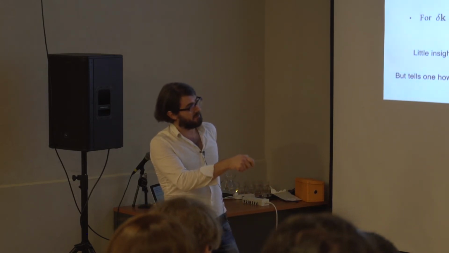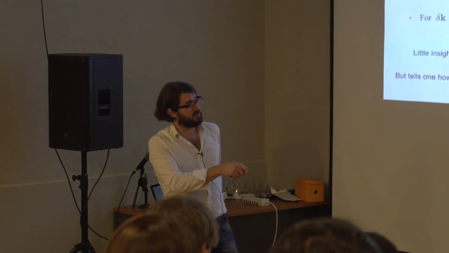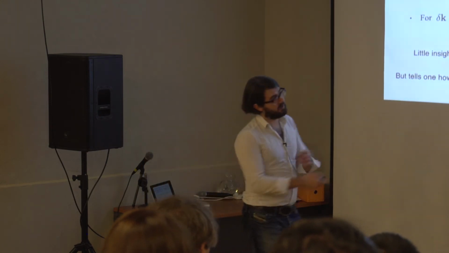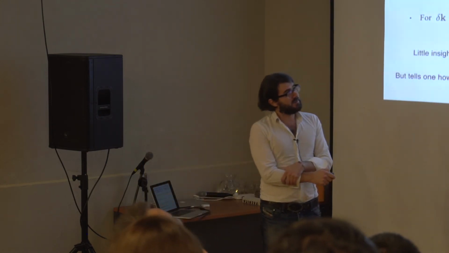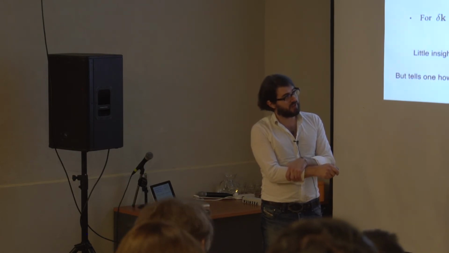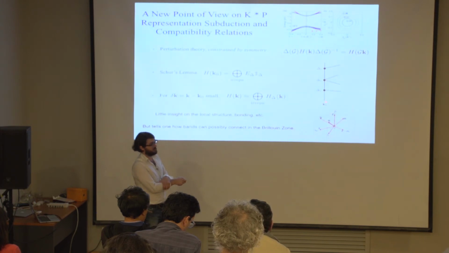Basically, the bands transform into representations of the symmetry group of this high symmetry line if I move on a high symmetry line. But there's a compatibility relation, in the sense that the symmetry group of the line I'm moving away on has to be a subgroup of the symmetry group of the point in the Brillouin zone, right? This has to be a subgroup of this because this has lower symmetry than this.